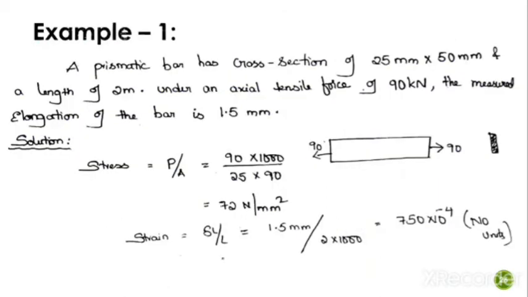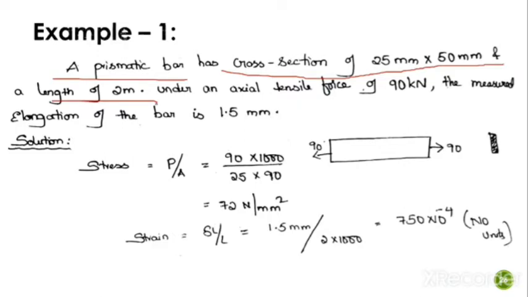Now let us take an example problem to understand how to calculate stress and strain. This is a very simple problem. There is a prismatic bar whose cross section is 25 by 50 mm and length is 2 meters.